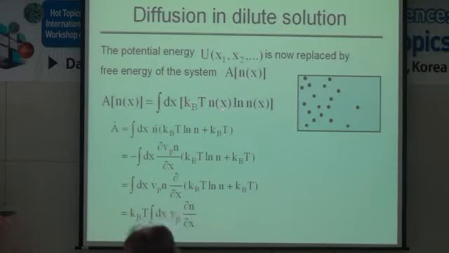The free energy of the system can be easily written. If we know the density profile n(x) of the system, the free energy of the total system is just an integral of this free energy density, kBT times n log n, this entropic term.